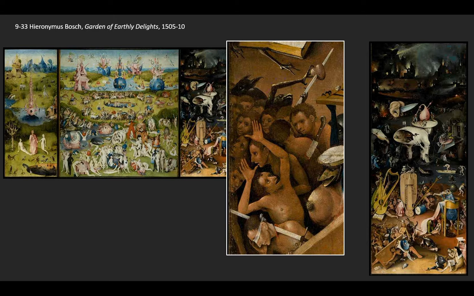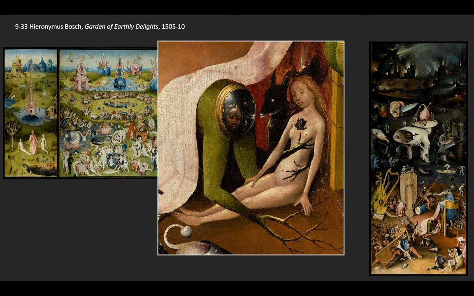What we do see is that many people are tortured by things that brought them joy while they were alive. So, for example, we see a woman who seems to be an embodiment of vanity, looking at herself in a mirror. And as she does, she's being groped by this rat monster, who also looks into the mirror with her.